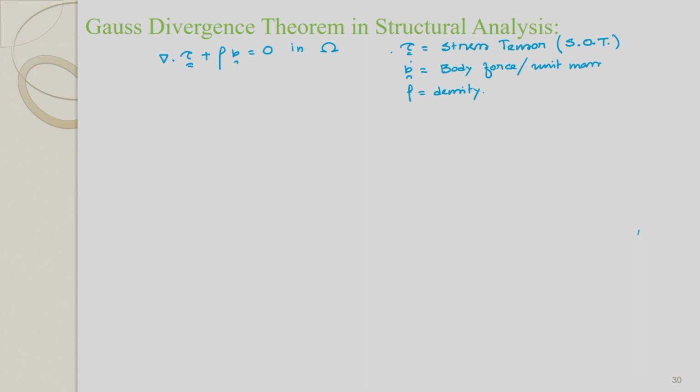Here the divergence of a second order tensor is a vector, which is added to rho B. So, this is one vector equation.